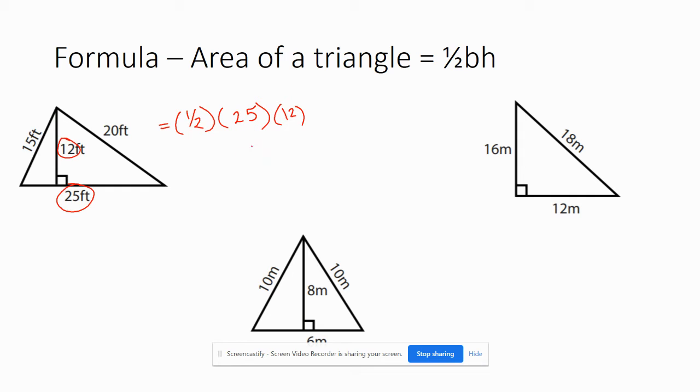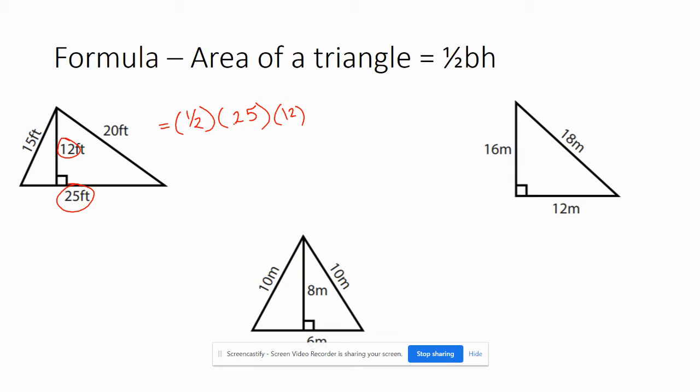So, half times 25. I can do this actually on paper, but I won't. Half times 25 is, of course, 12.5. But we can multiply everything off at once as well. So, let's see here.